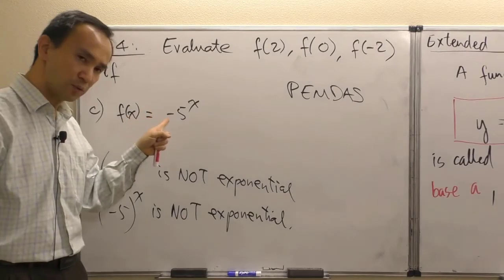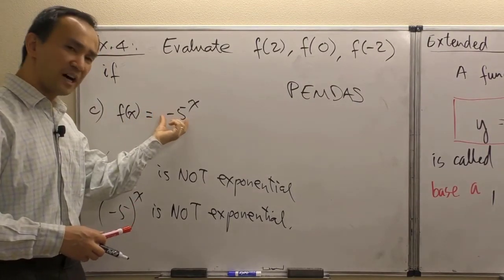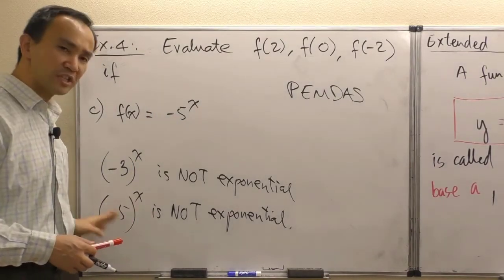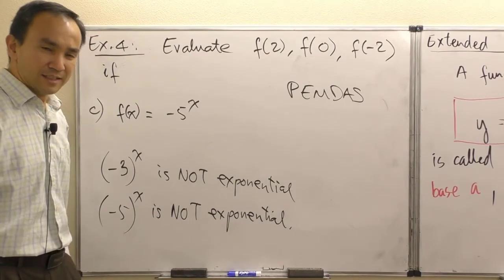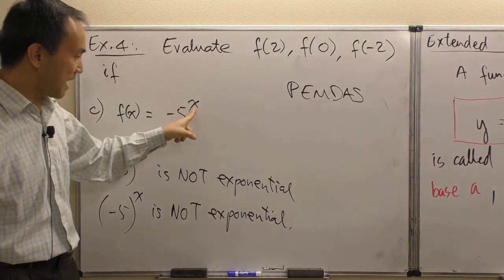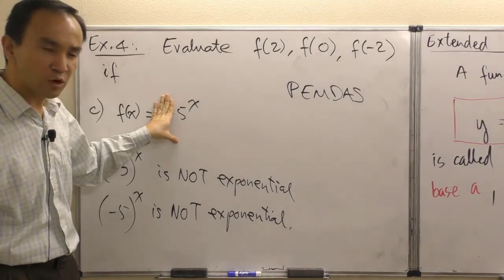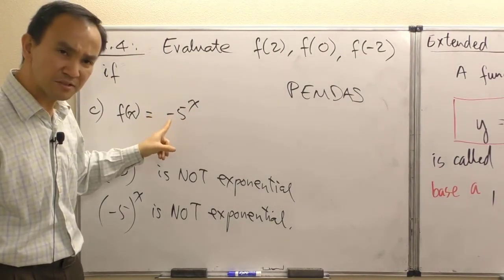However, this one is different. Observation is telling me that the negative 5 is not being put inside the parentheses, so the x power here is only the power for that 5 right there. So what about that negative sign?